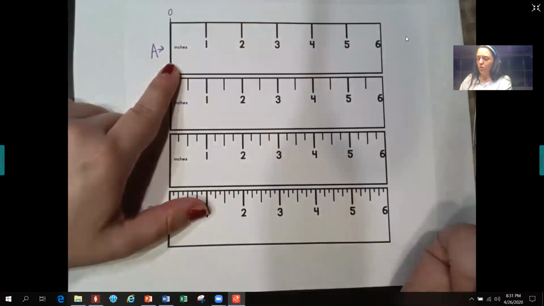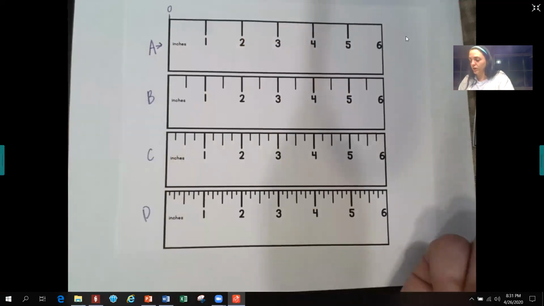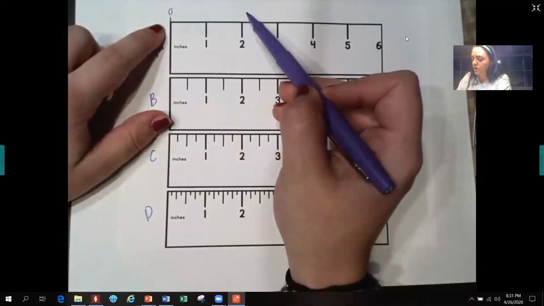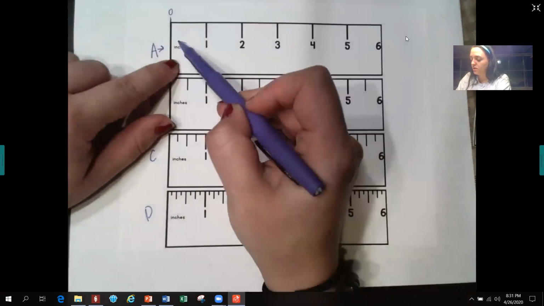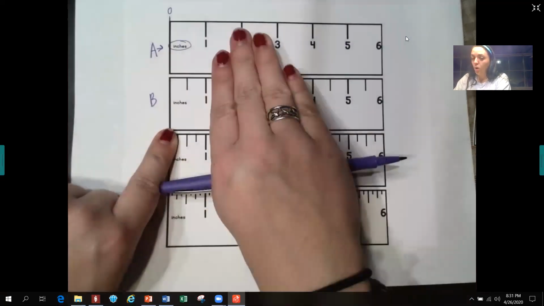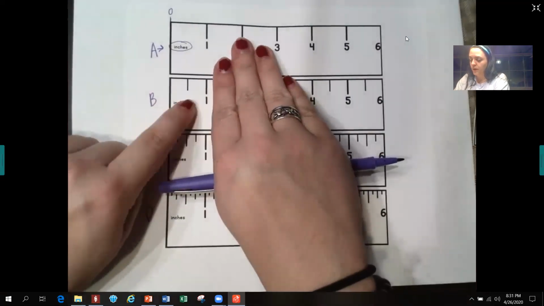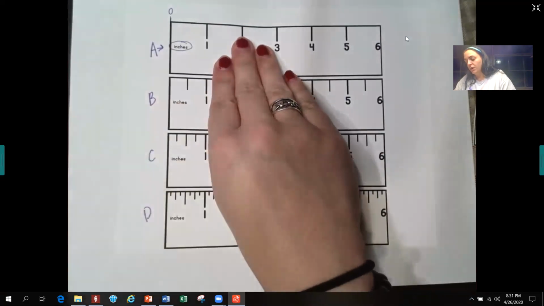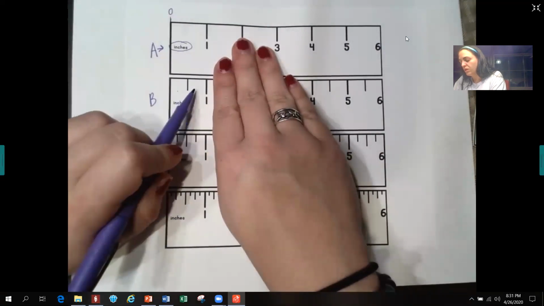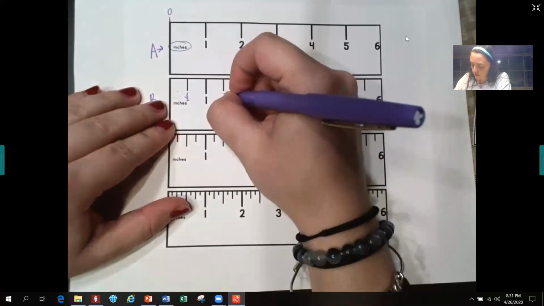It's always the start, the far left edge of your ruler. I'm noticing that this ruler is partitioned into whole inches. But B looks a little different. If I zoom my attention into the first whole, this whole is partitioned, or cut, into 2 equal pieces, 1, 2. So I can label each one as a half.